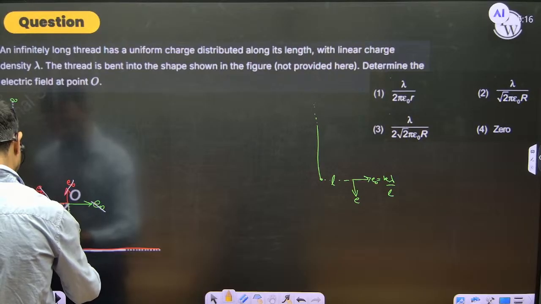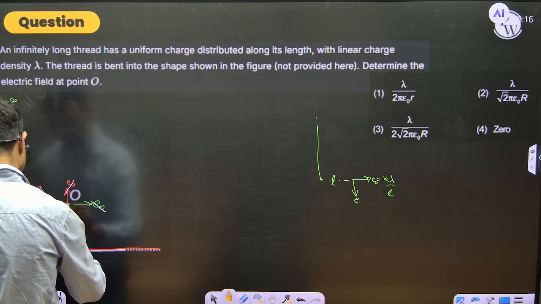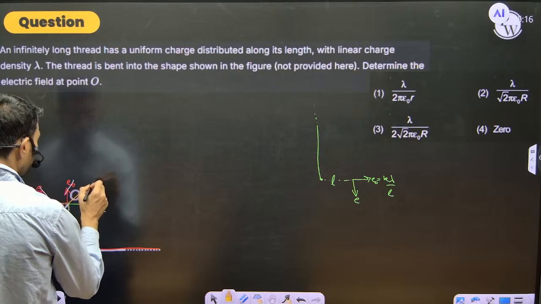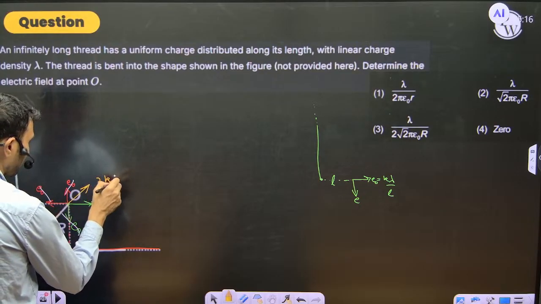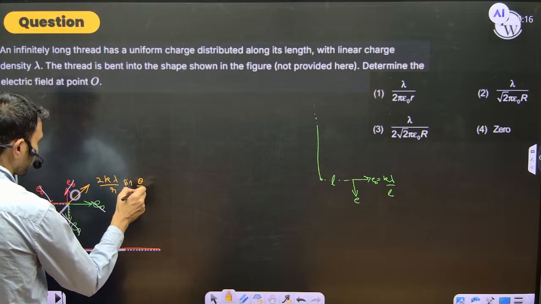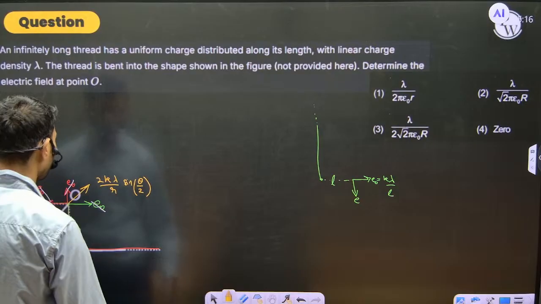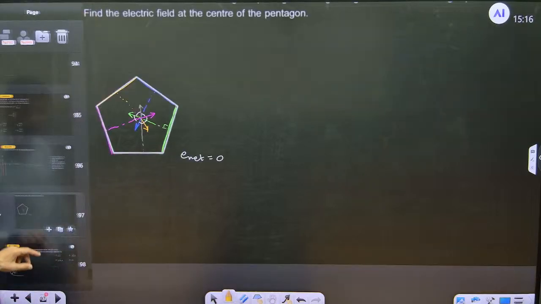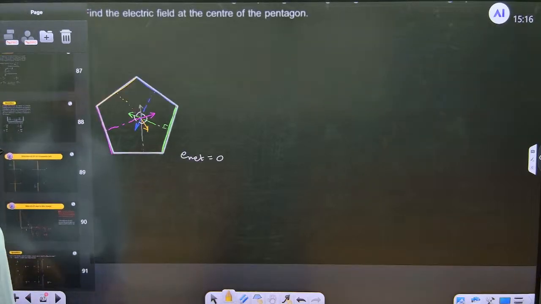The electric field will be along the angle bisector, as we have seen before. And here the formula comes out to be 2k lambda by r into sine of theta by 2. So that was the formula, right? You can check it. Due to a semicircular rod, we have done it before.